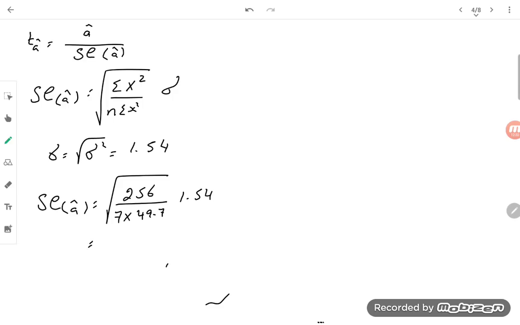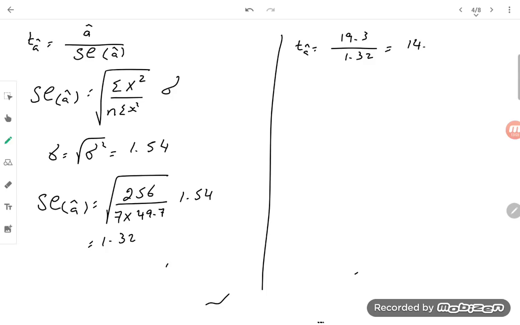So it will be 1.32. So now we are going to substitute in T. A hat is 19.3 and standard error is 1.32, so it will be 14.6.